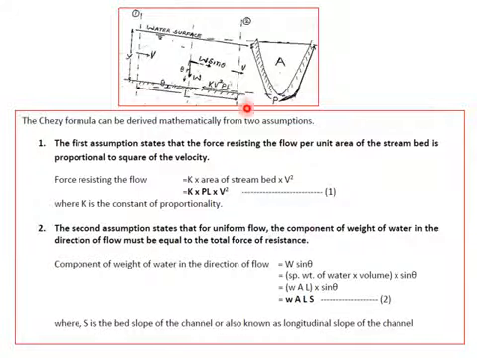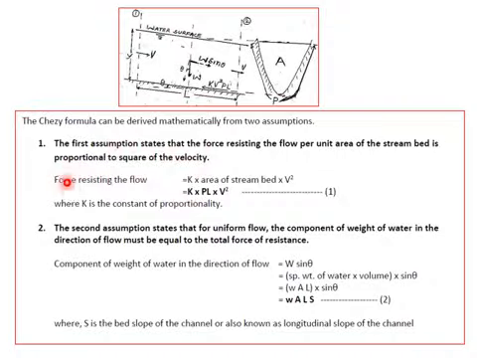Now the Chezy formula is derived mathematically from two assumptions. Whenever the flow takes place, there is always a resistance to the flow. The resistance comes from the bed as well as from the sides of the channel. Here it is assumed that the force resisting the flow per unit area of the stream bed and sides is proportional to the square of the velocity.